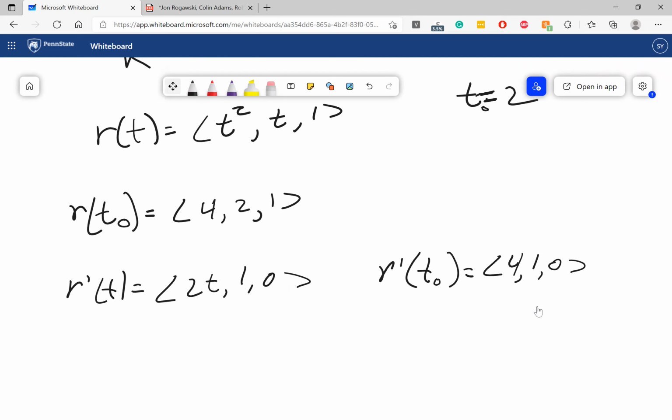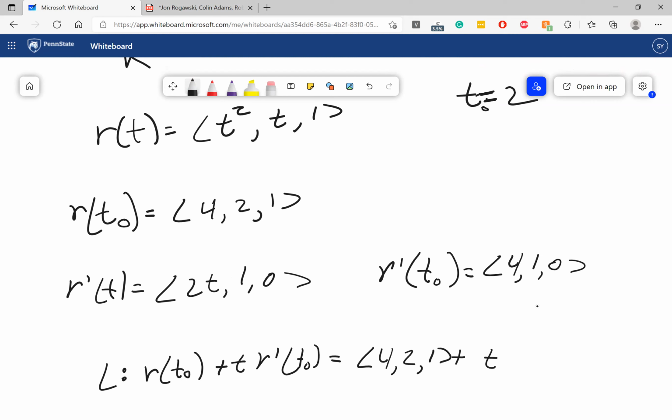So then we get our line, which is r of t0 plus t times r prime of t0, equal to 4, 2, 1 plus t times 4, 1, 0.